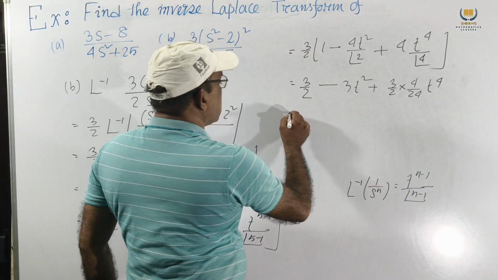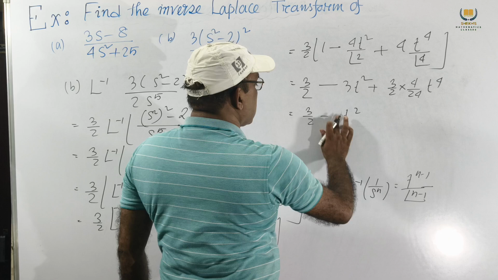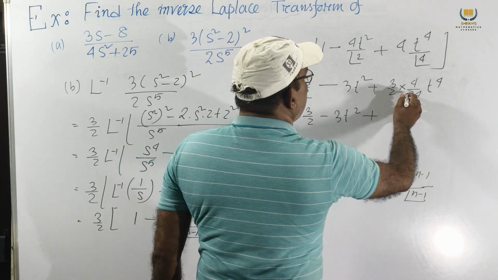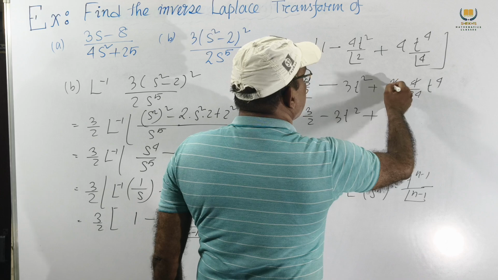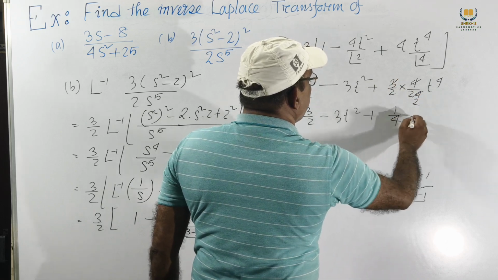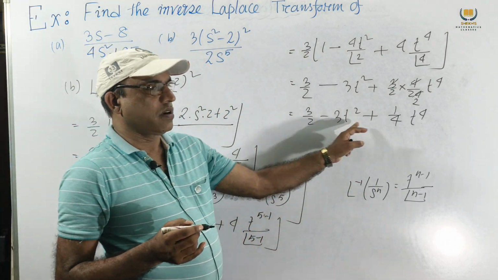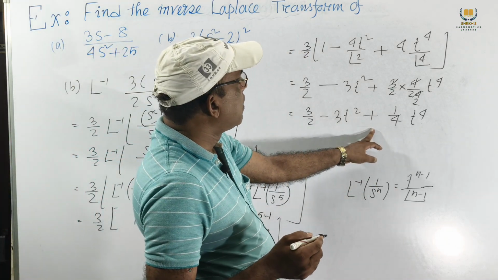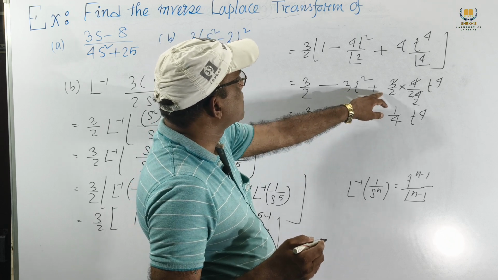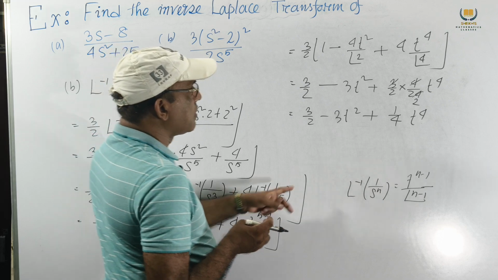This is 3 by 2 minus 3t square, and this is 4, and this is 12, this is 2, 1 by 4 t to the power 4. So 3 by 2, minus 3t square, plus 3 by 2 times 4 by factorial 4.